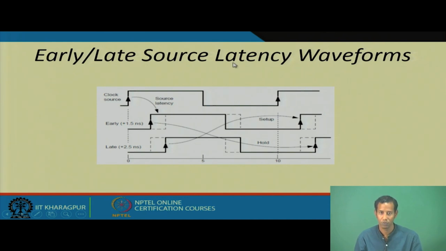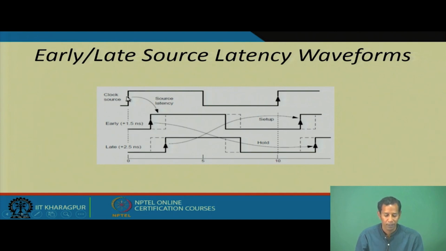Now if we consider the corresponding waveform, considering the early or late source latency, if this is my clock source, early means you will be getting the clock after, let us say, here.